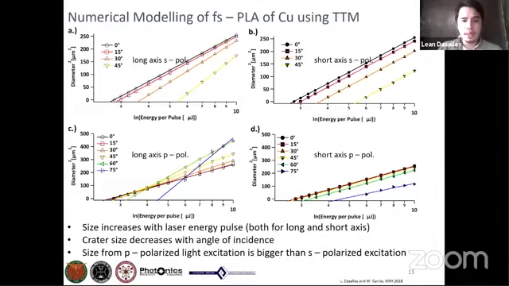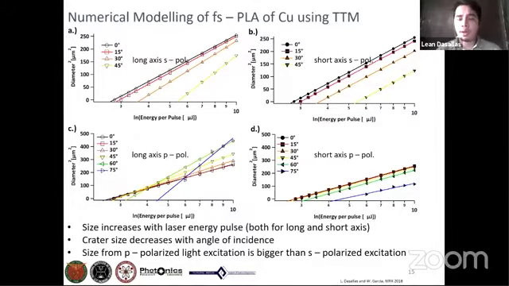However, we see that the size of the ablation crater, meaning the diameter, will increase with the laser pulse energy. And since the temperature decreases with the increase in angle of incidence, the resulting diameter will also change. However, again, when we use p-polarized light, we can obtain a bigger ablation crater compared to s-polarized light.